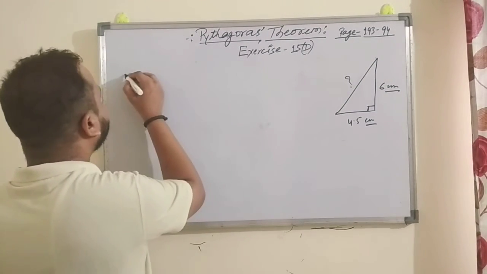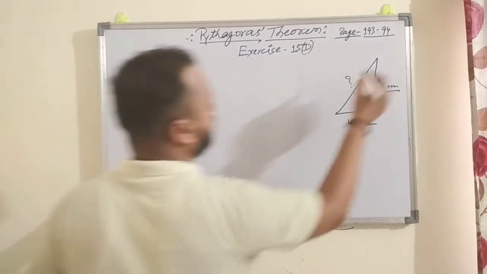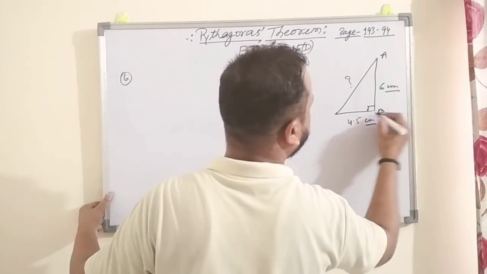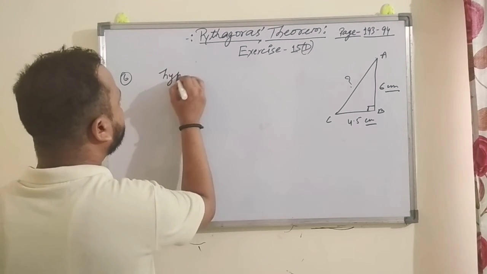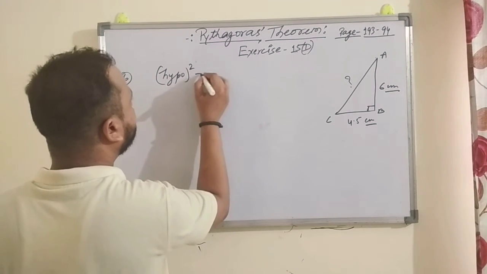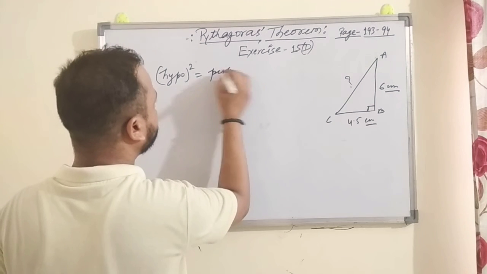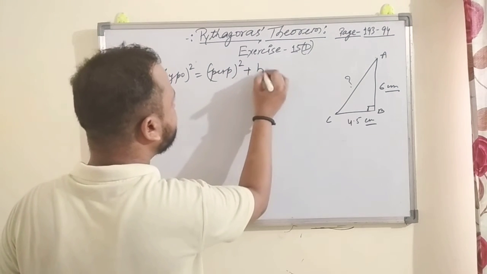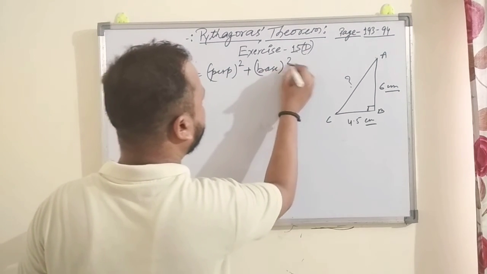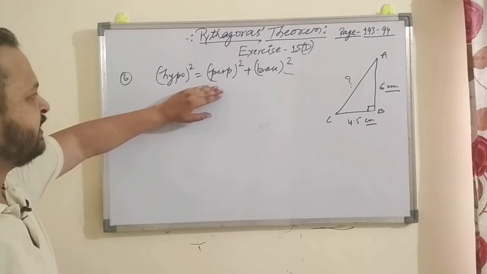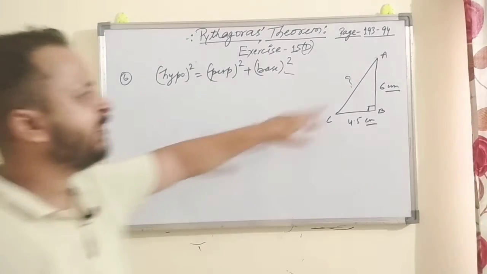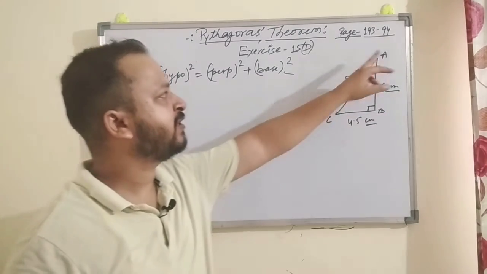So we know that if you name them as A, B and C, hypotenuse square is equal to perpendicular square plus base square. Why I am stressing this formula is that you can change these names.